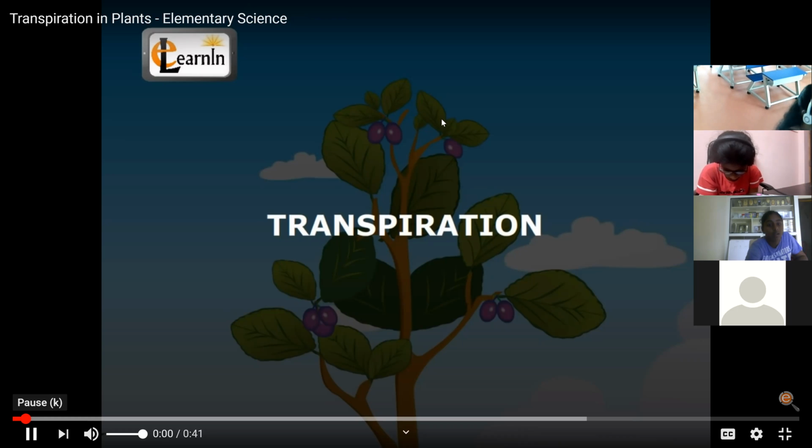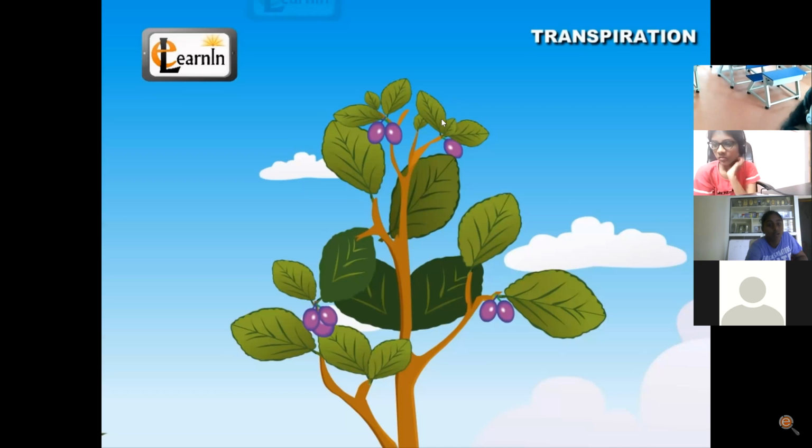Transpiration. Transpiration is the process by which plants release water into the atmosphere. Mineral nutrients and water are absorbed from the soil by the plants.